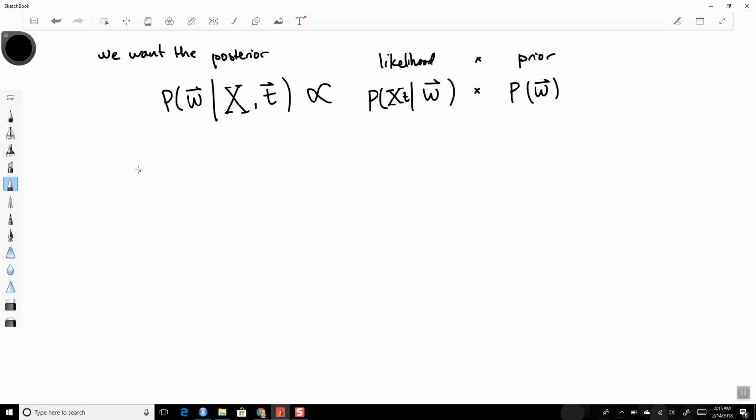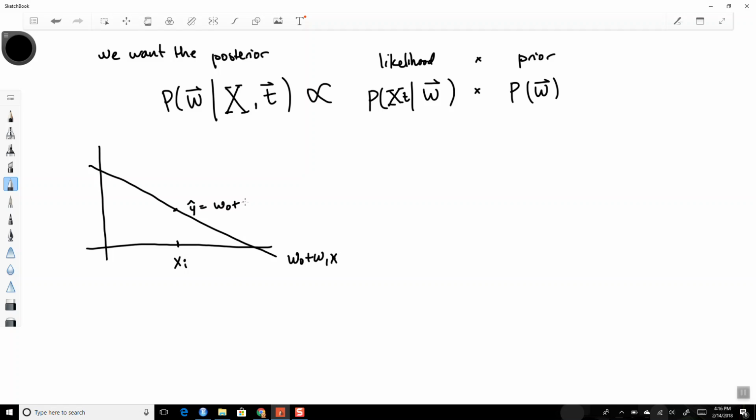if we think about our linear regression model, we've got some line. This is going to be W0 plus W1 X, okay? And for some X of i, this dot right here represents our Y hat, which is going to be W0 plus W1 X of i.